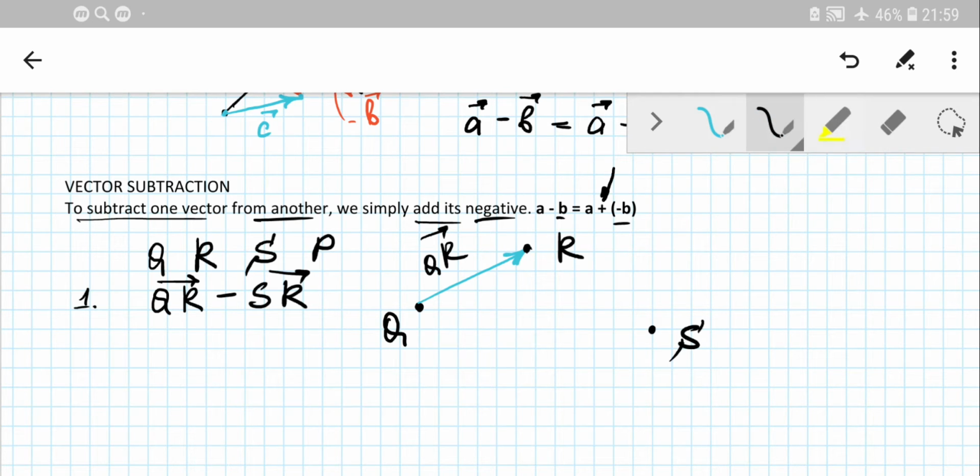But instead of drawing vector SR, I better rearrange my expression and say, okay, instead of difference, I'm gonna add with the opposite vector to SR. So basically I swap the points, right?